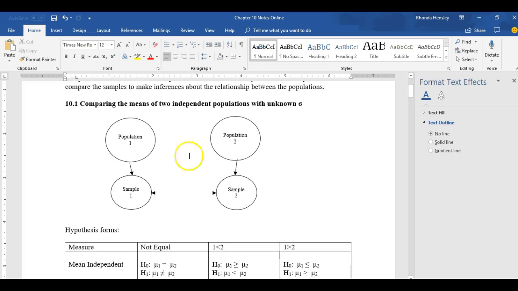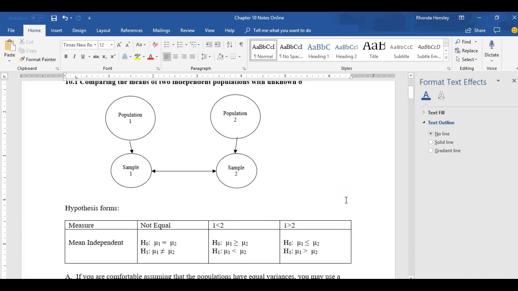An example might be, suppose we have students at North Carolina A&T in population 1, and students at UNCG in population 2, and we do a simple survey and ask them about their satisfaction levels with parking on campus. In our first sample we get a measure from A&T, in our second sample a measure from UNCG, and we compare those. Our hypothesis could have been that the satisfaction with parking is different at A&T and UNCG.